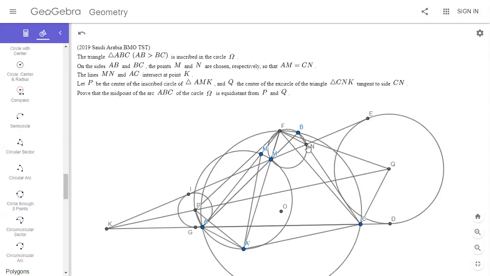Let's see. Well, maybe triangle PFM prime is congruent to triangle FQN, and maybe I could prove that differently.